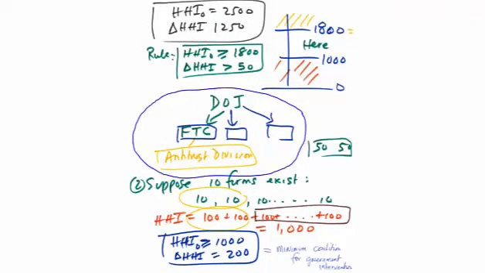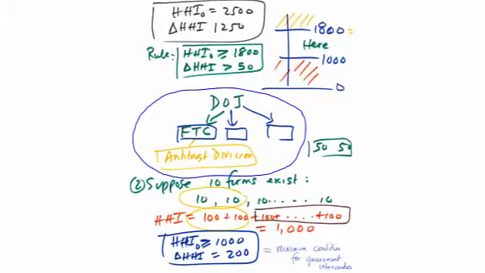So for an index value starting above 1800, if the merger causes the HHI to rise by more than 50 points, then this is considered to be a case that should be monitored or certainly challenged by the Department of Justice. The industry is considered to be concentrated, and the change in the HHI over 50 suggests that the merger will certainly make the industry more concentrated.